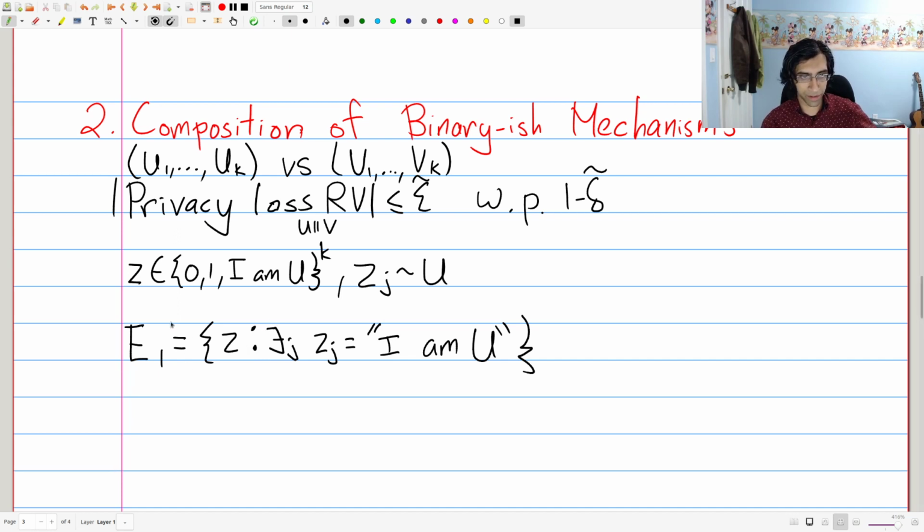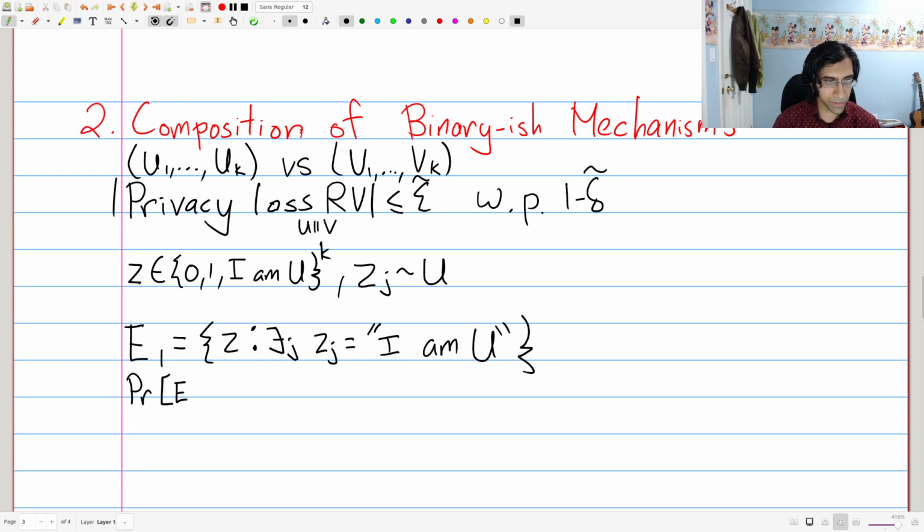We're going to understand this event and we'll condition on its complement in the future, because we just want to deal with nice bit strings, 0s and 1s, but these mess up the analysis a bit. And in particular, this is very easy to understand.